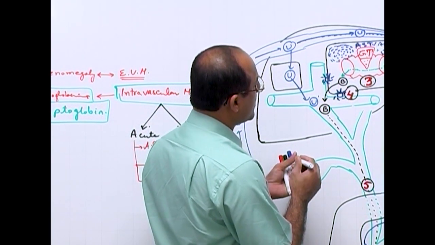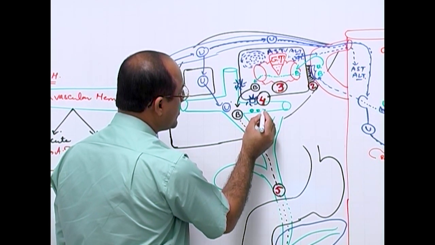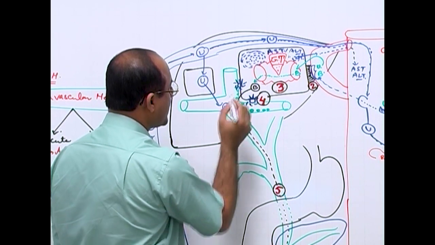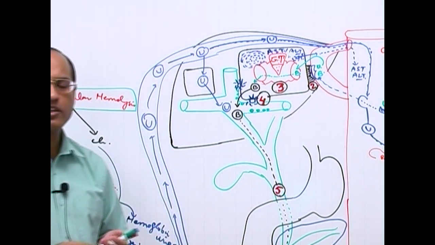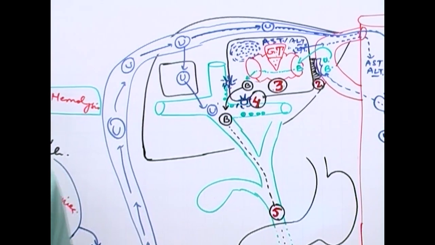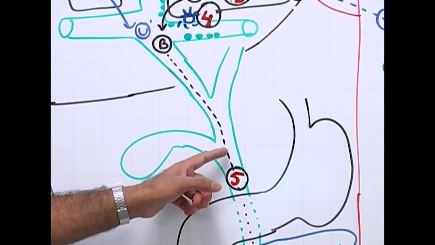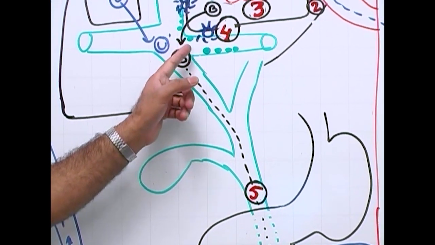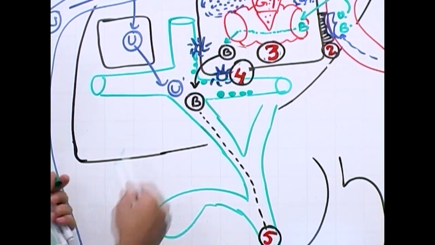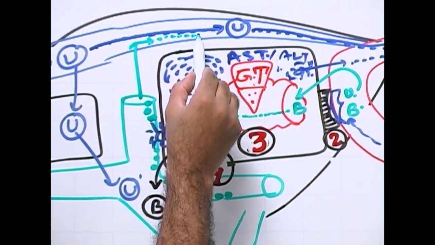Another thing which is important here: you see there are some other enzymes present over here. These are called alkaline phosphatases. These are present on the canalicular side of the hepatocyte membrane or in the biliary canaliculi. Whenever there is obstruction to bile outflow, bile salts will accumulate and interact with these alkaline phosphatases, and they will get detached and go to circulation.